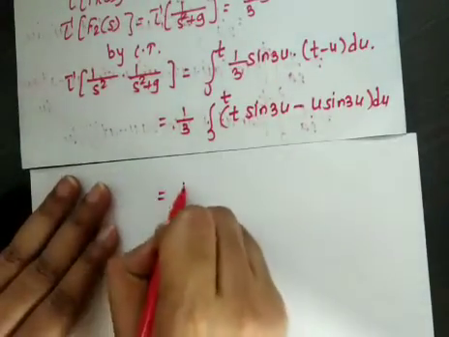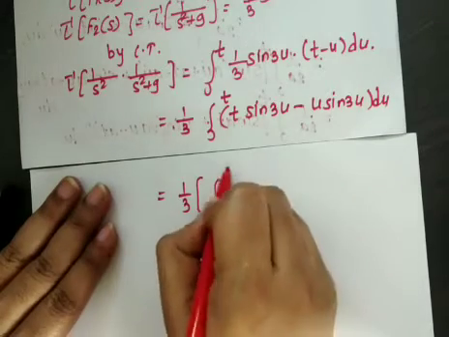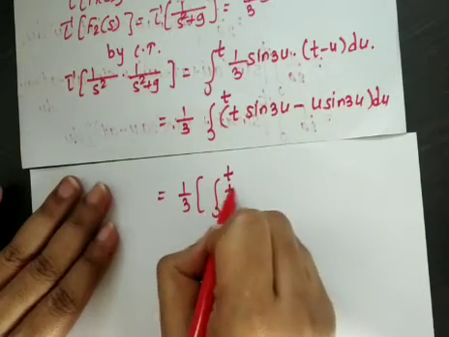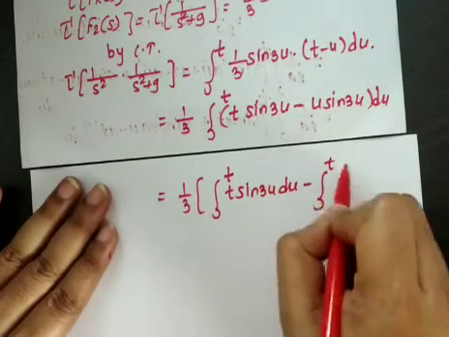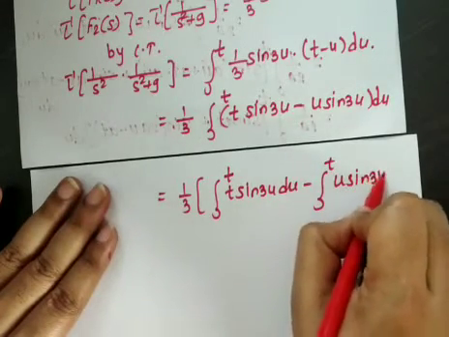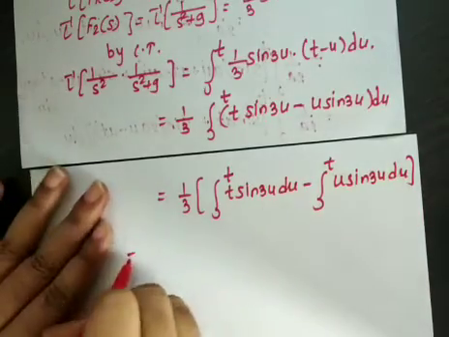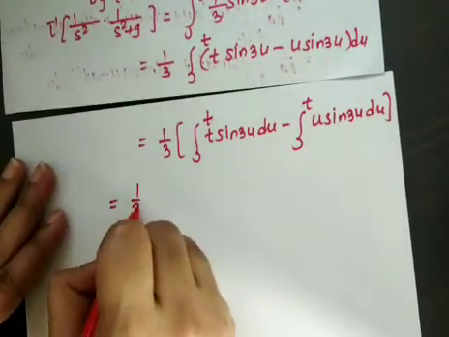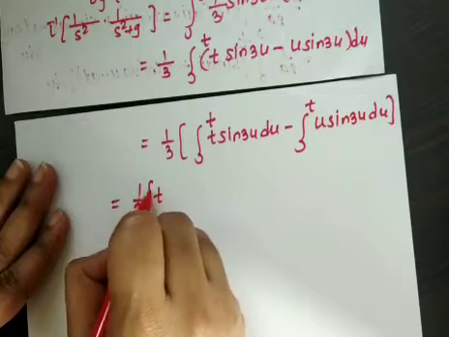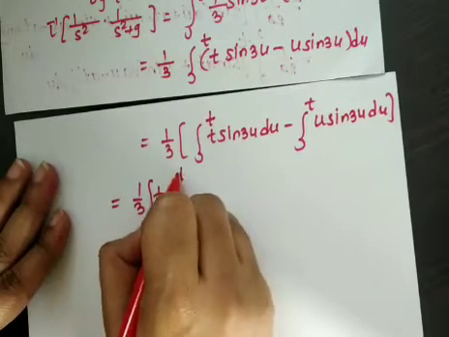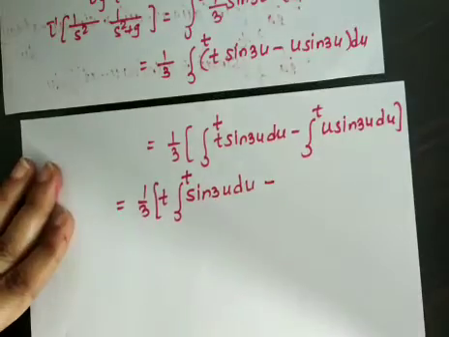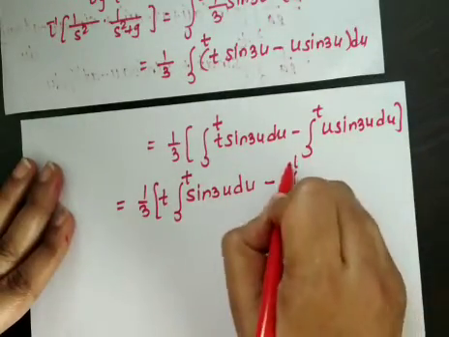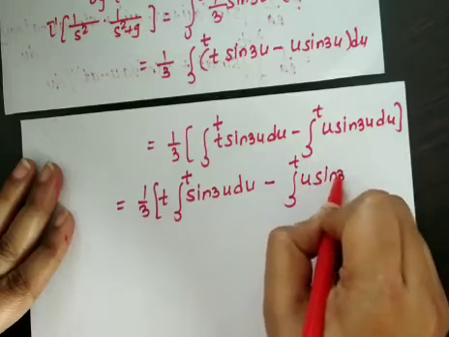This part will get separated in the integration, that is 1 upon 3 integration 0 to t t sin 3u du minus integration u sin 3u du. That is 1 by 3, t constant outside, integration 0 to t sin 3u du, minus, this is as it is, integration 0 to t u sin 3u du.